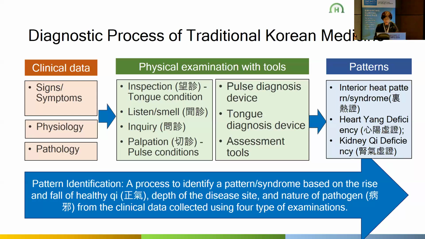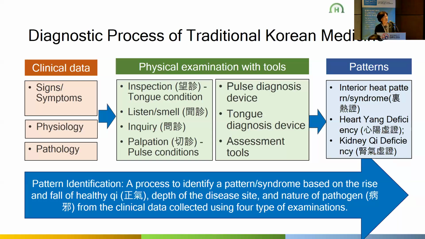This is the diagnostic process of traditional Korean medicine the way I understood it. Doctors collect signs and symptoms, physiology and pathology using different types of examinations. There is inspection, for example of the tongue condition, listening, smelling, inquiring, and palpation using pulse conditions.